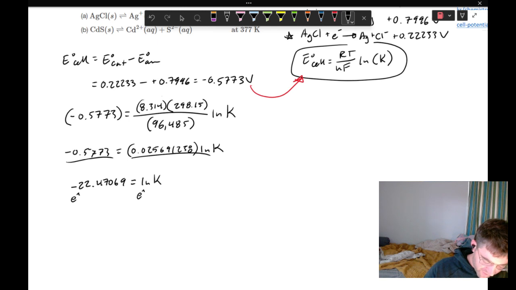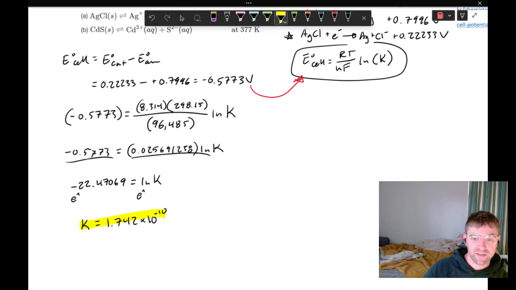So e raised to negative 22.47069 gives you your K value, which is 1.742 times 10 to the negative 10. And that is your equilibrium constant for this non-spontaneous reaction. It's non-spontaneous because we had a negative value there.